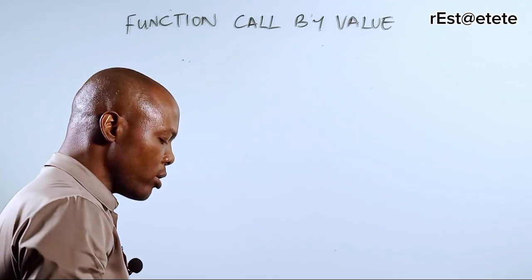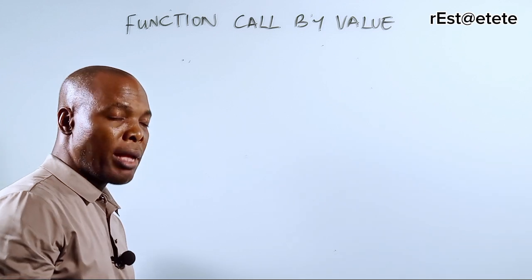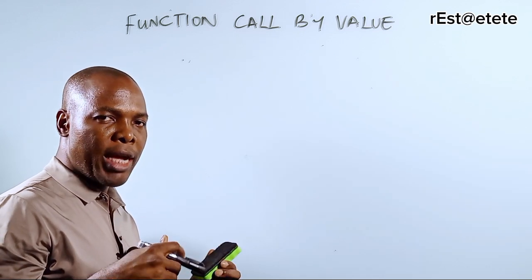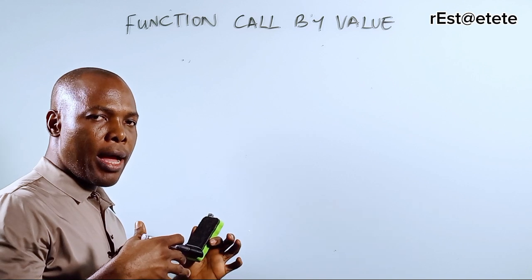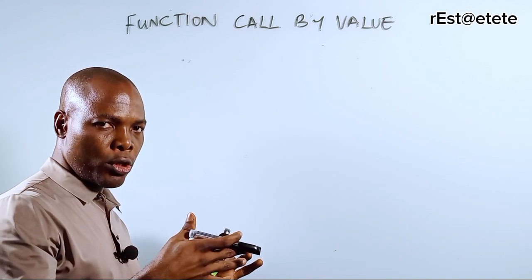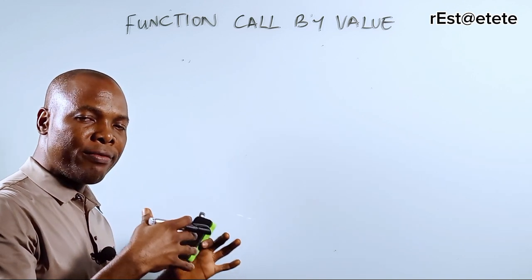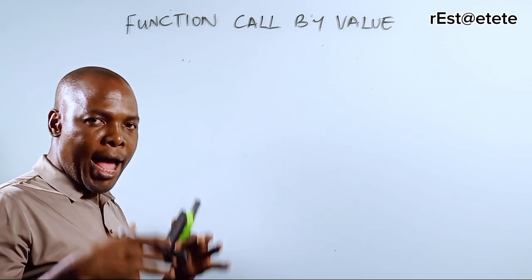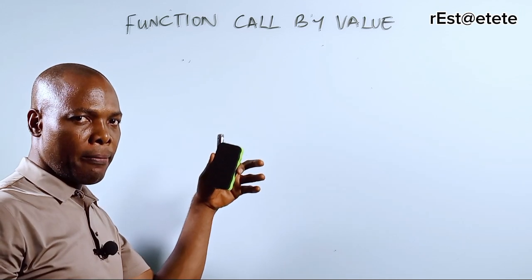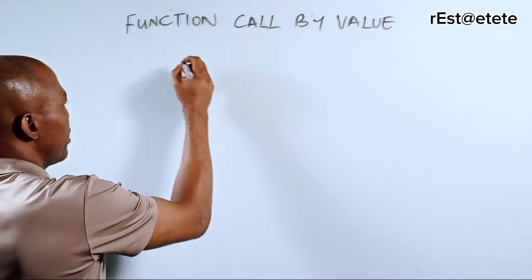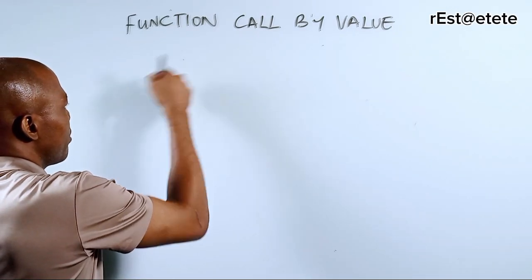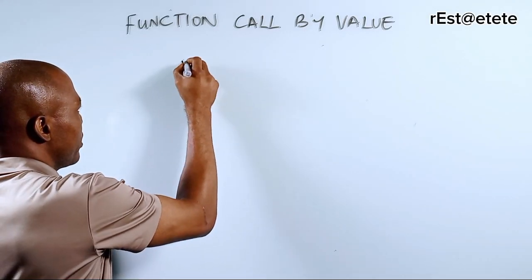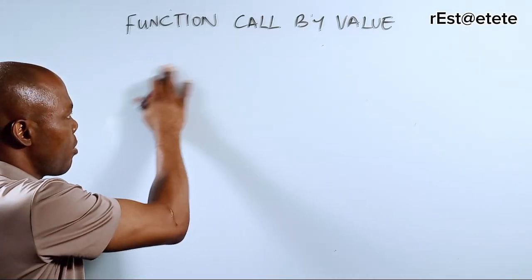I'm going to write another function, and I will call that function modify, meaning I want to modify a variable inside the function, and then you will see how the value of that variable will be different from the value of the actual argument that I'm going to supply. I'm not going to return anything, so let's write a complete program.